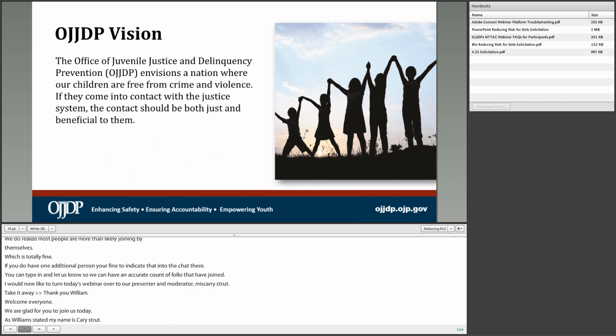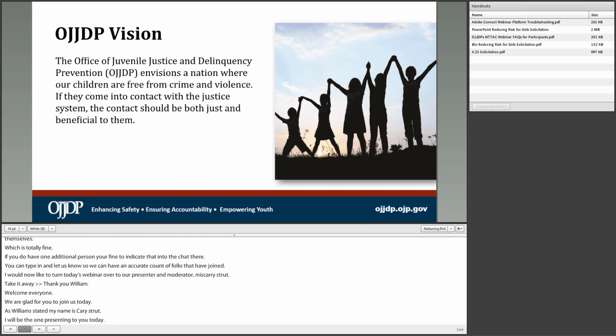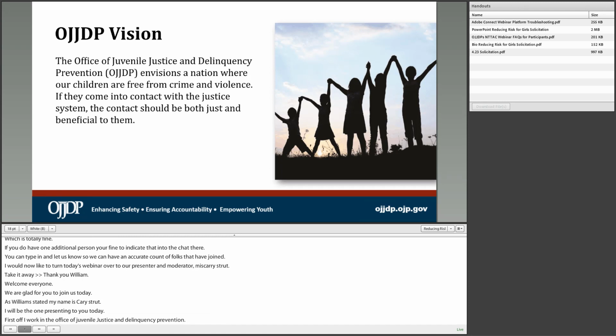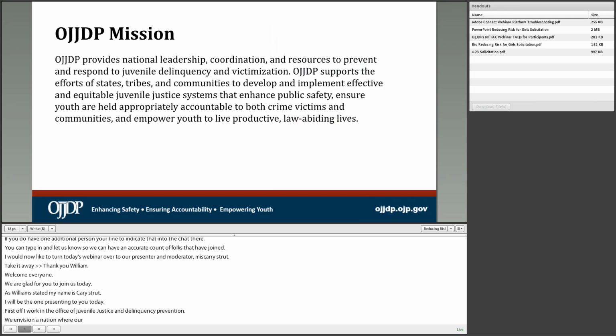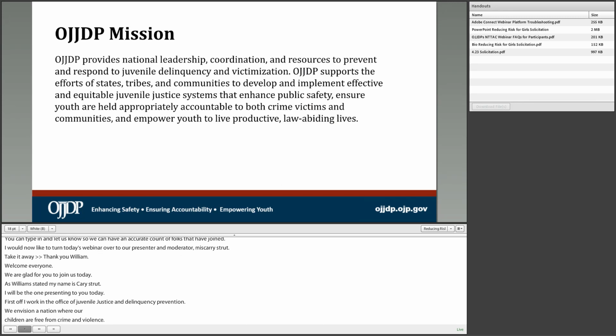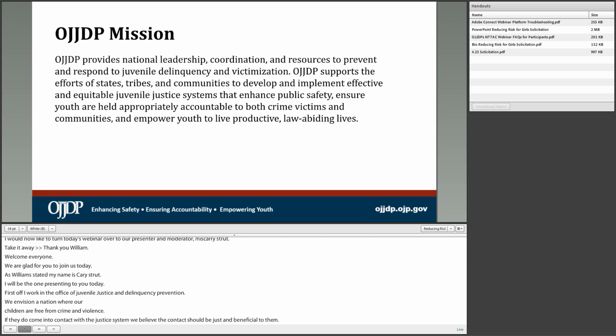First off, I work in the Office of Juvenile Justice and Delinquency Prevention, and we envision a nation where our children are free from crime and violence. If they do come into contact with the justice system, we believe the contact should be both just and beneficial to them. OJJDP's mission is to provide national leadership, coordination, and resources to prevent and respond to juvenile delinquency and victimization.